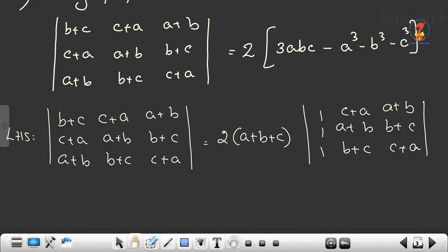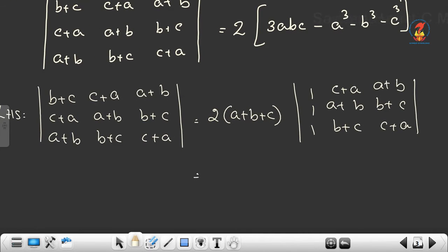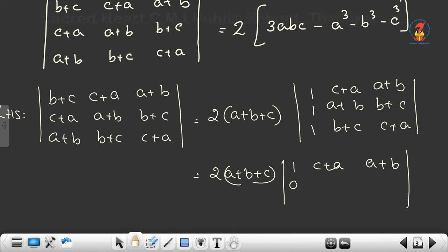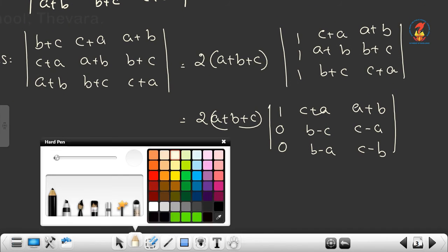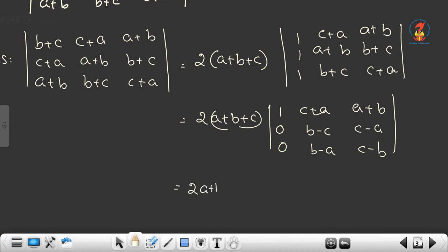Or you can copy the final answer from the last question. So it is 2 into a plus b plus c, then 1, c plus a, a plus b. Then we subtract r2 minus r1, r3 minus r1. Then we expand. Okay. So 2 into a plus b plus c into bracket 1 into, delete the row and column, so b minus c into c minus b minus c minus a into b minus a.